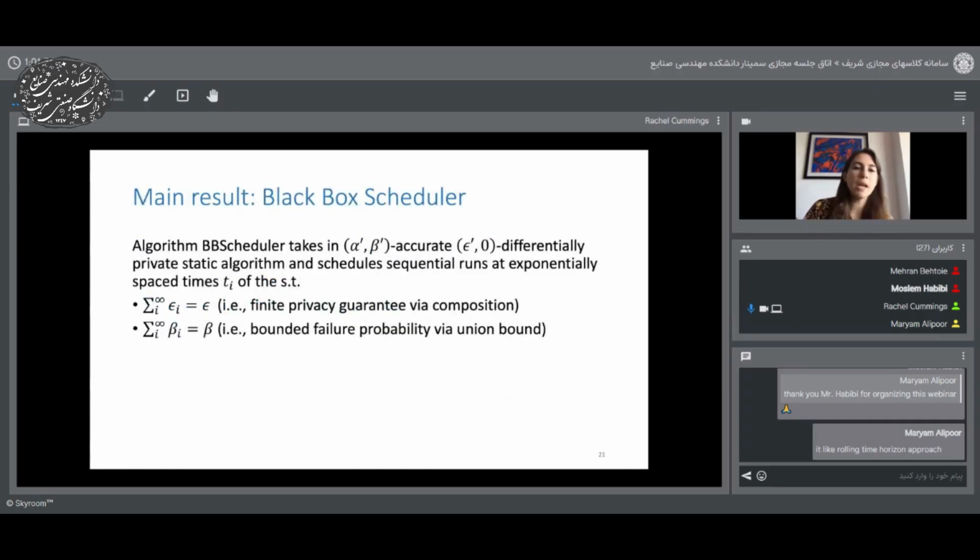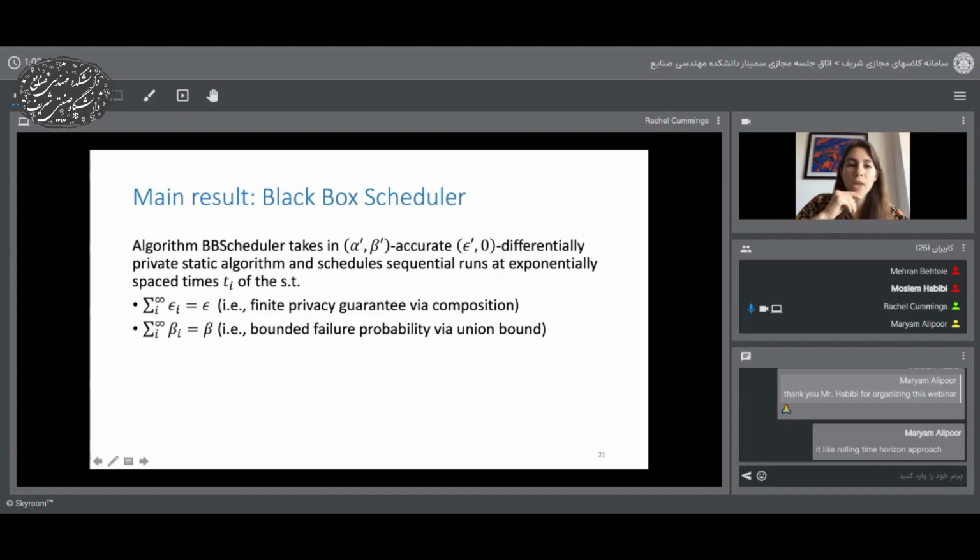The main result of this paper is what we call a black box scheduler. It takes in a private accurate algorithm that we're going to treat like a black box. We're just saying, I have no idea how this thing works, but I'm going to schedule it to run at various times.